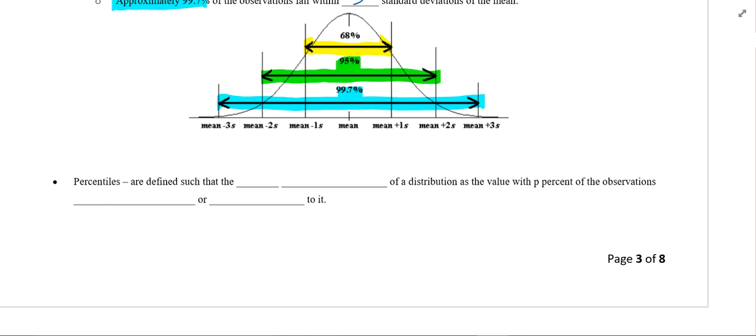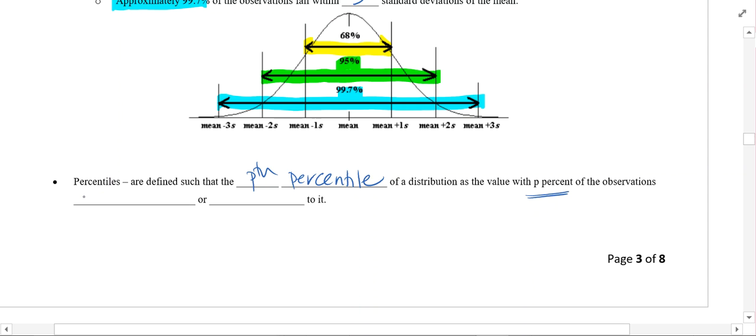That means that you scored above 94% of the other people taking the test. The pth percentile of a distribution is the value such that that percent of the observations are less than or equal to it.